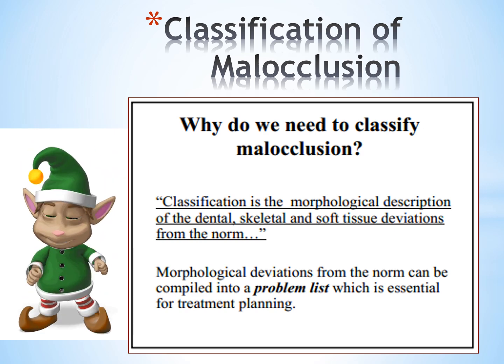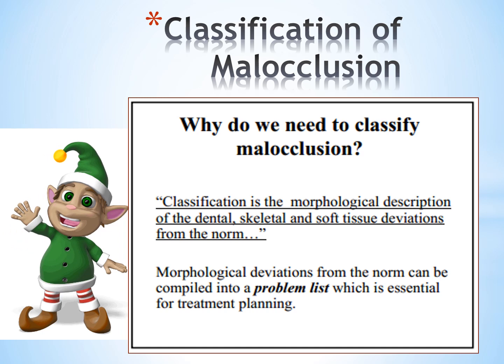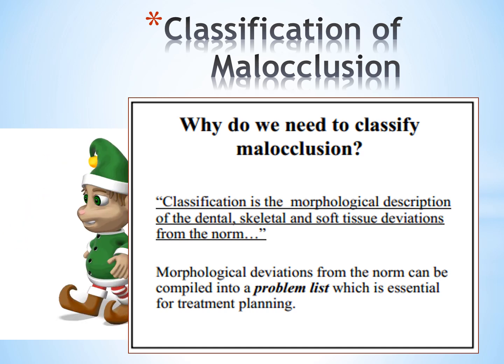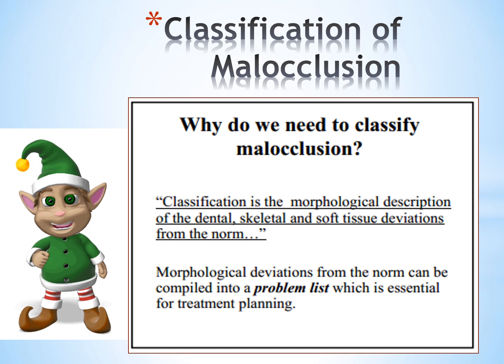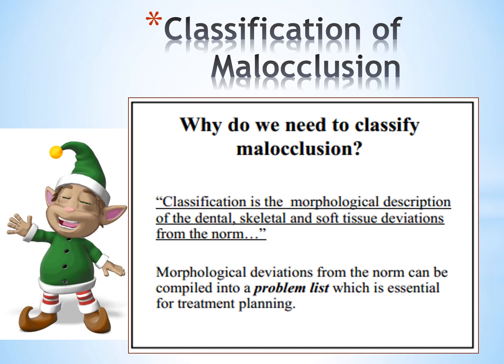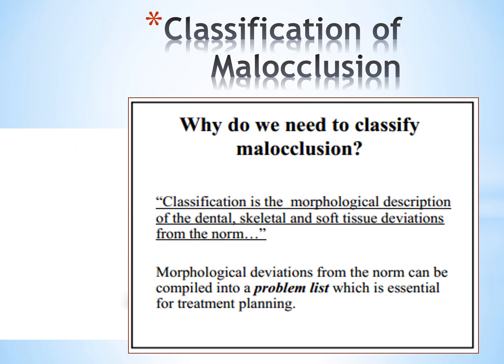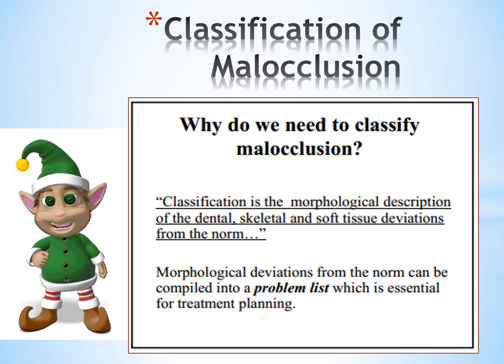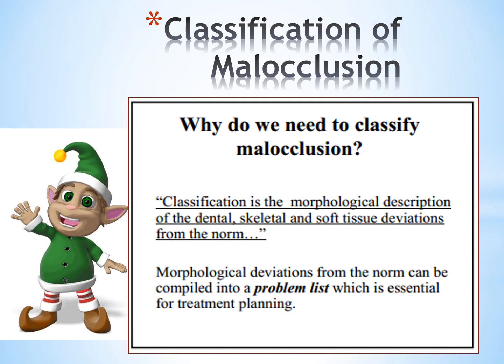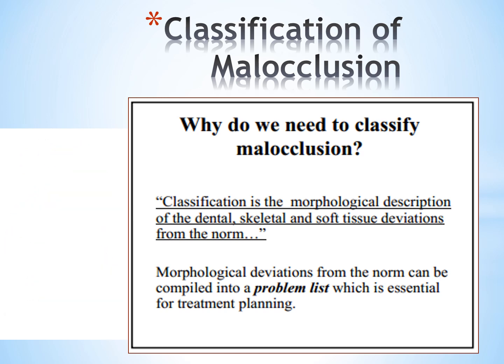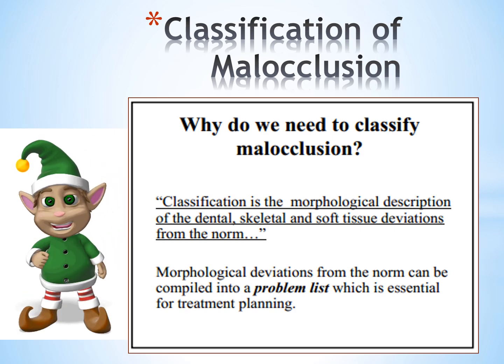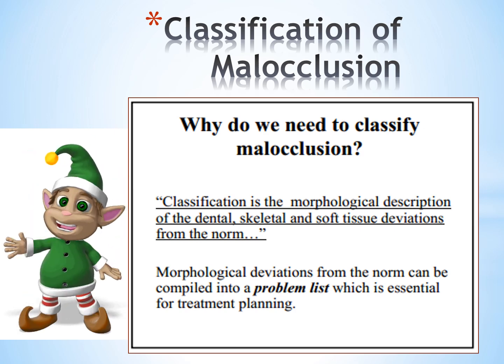Why do we need to classify malocclusion? Classification is the morphological description of the dental, skeletal and soft tissue deviations from the norm. And all morphological deviations from the norm can be compiled into a problem list, which is essential for treatment planning.